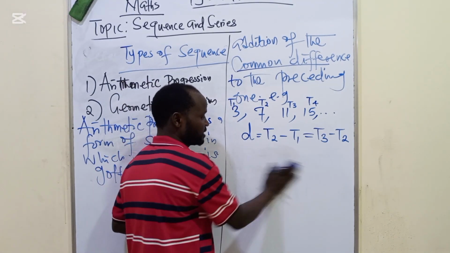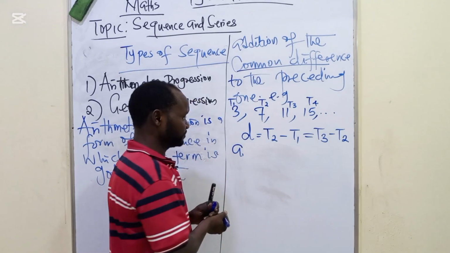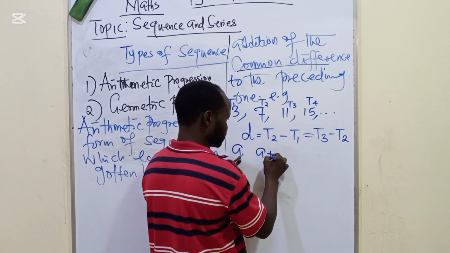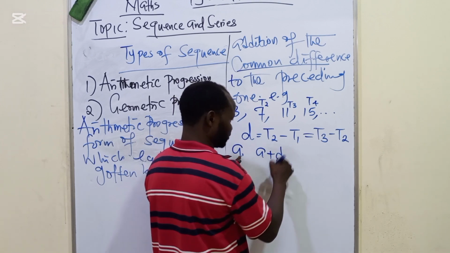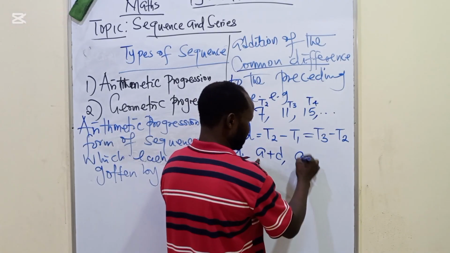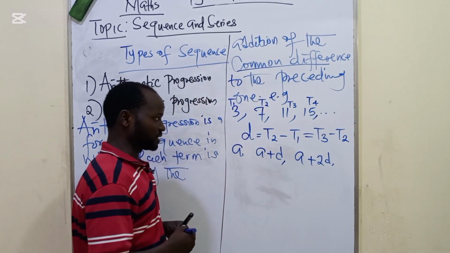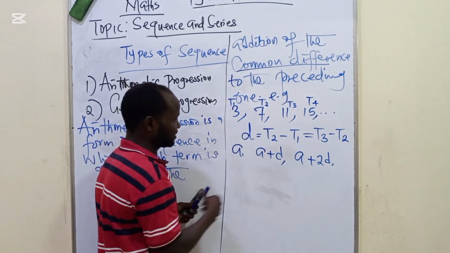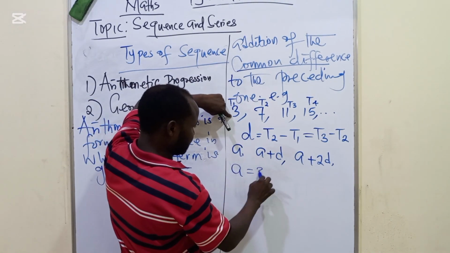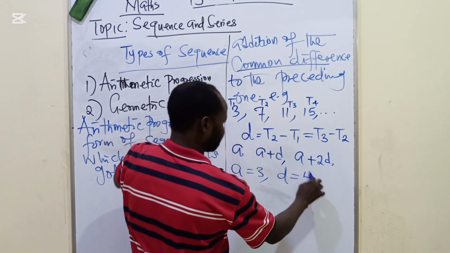Before we do that, let's say A represents our first term. To get our second term, it will be A plus the common difference. To get the third term, it will be A plus 2 times the common difference, in that order. What do we mean? Let's analyze it in this example here. A is 3, then our common difference D is 4.